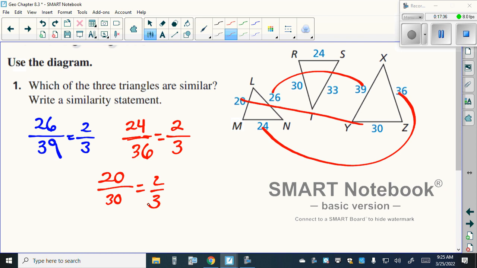So again, matching those sides up correctly is important. Biggest to biggest, smallest to smallest, middle to middle, and it's all about how they relate to their specific triangle. So what that tells us is that triangle MLN is similar to, so we started here, I went along smallest and then biggest, yes?